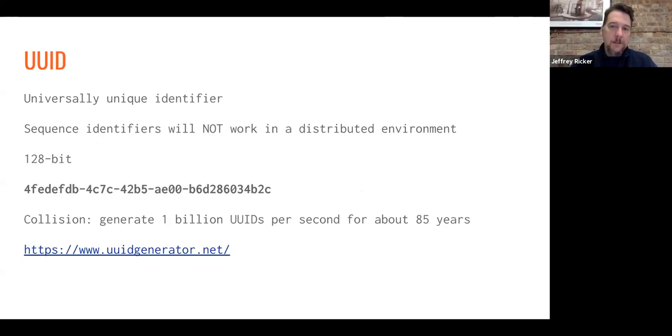And the reason is that sequential identifiers will not work in a distributed environment. If I have 3 processors running in parallel, what integer do they assign? If I say, okay, this processor is going to only generate numbers that start with 3 million, and this one's going to do 4 million, and this one's going to do 5 million.